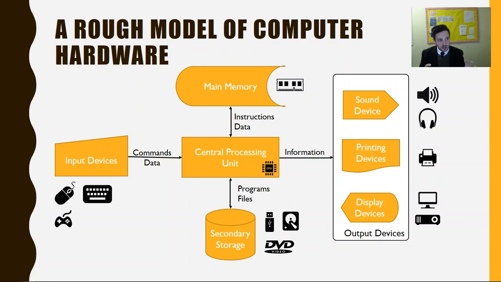The precise definitions of the two we're going to come on to later as well, but to summate, secondary storage is long-term storage. It's the place where you store the things that you want to keep for a long period of time. Your main memory is your working memory. It's all the kind of ones and noughts that you need to carry out the task in hand. The secondary storage is going to store programs and files, whereas the main memory contains instructions and data.